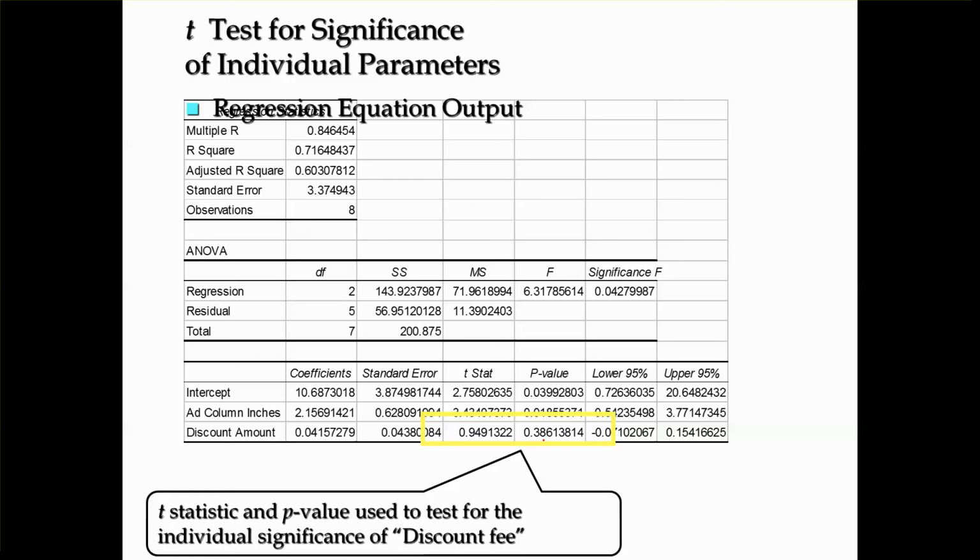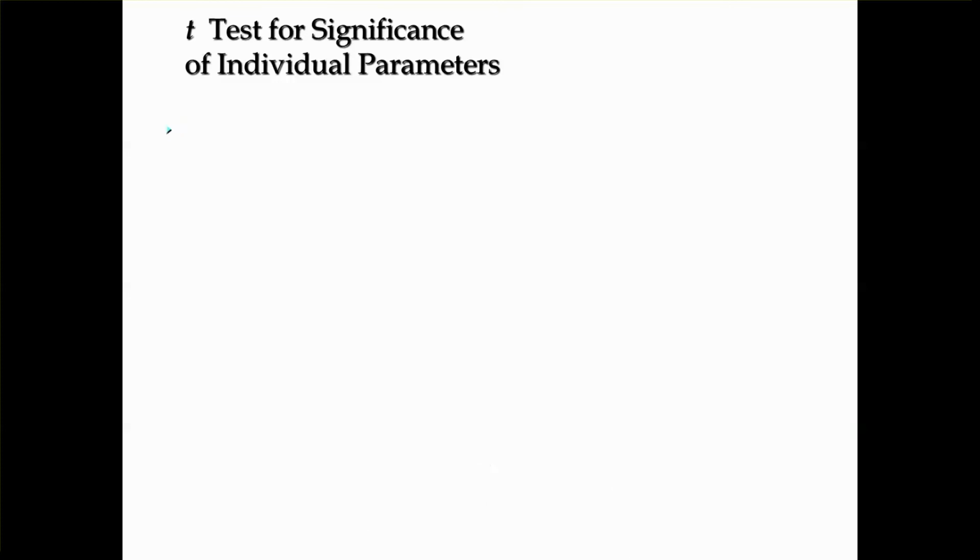Both t-statistic and p-value help us decide that the discount fee cannot significantly affect the number of new customers, so we can see that the discount amount in our model is the free rider in our regression model. At the end, when you write down your final model, you can just delete this independent variable, and just use the size of the advertisement as your independent variable.